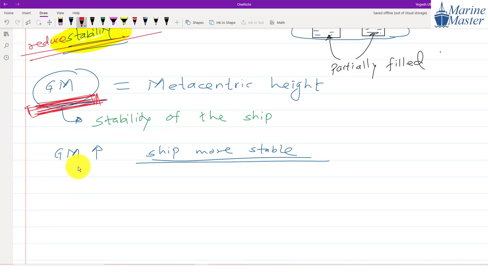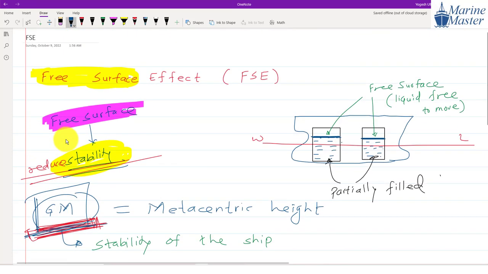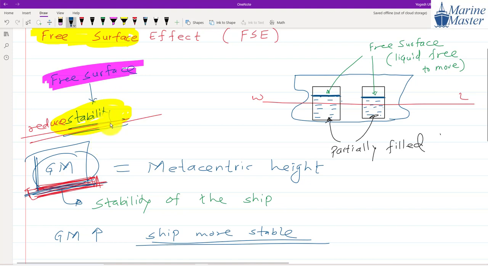And who is going to measure the stability? GM is going to measure the stability. We measure stability in terms of the GM, guys. And free surface is reducing the stability.